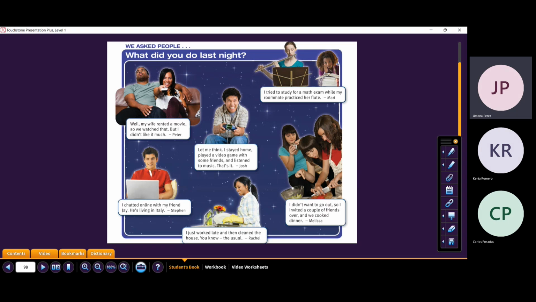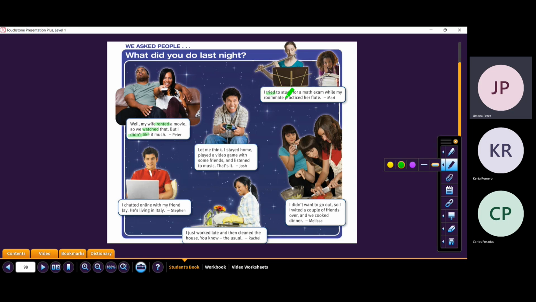So as you can see, we have the structure of simple past. And we have here the verb. This is a verb, this is another verb, and this verb has this before.